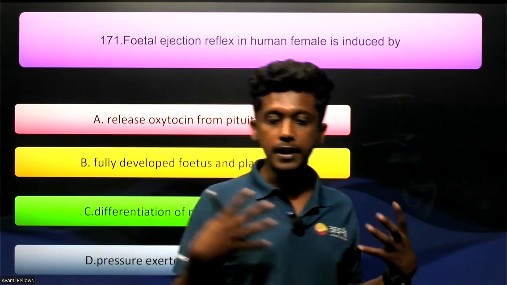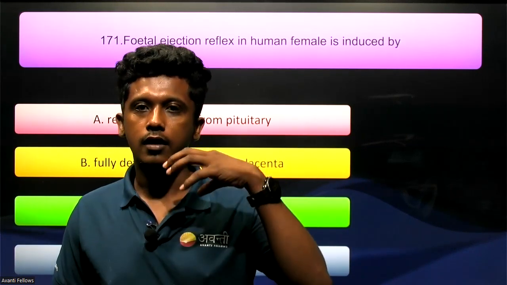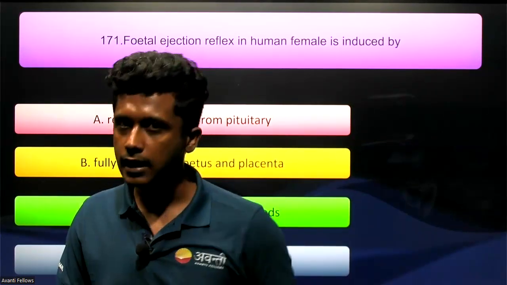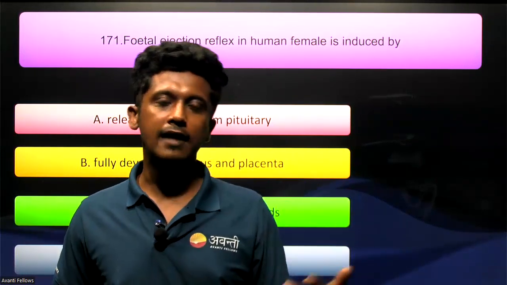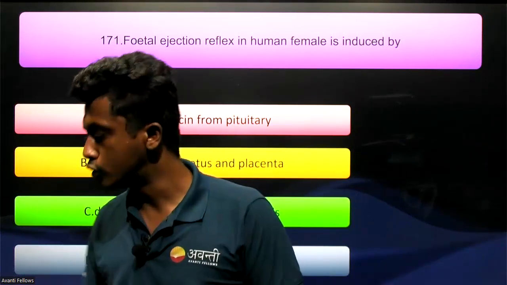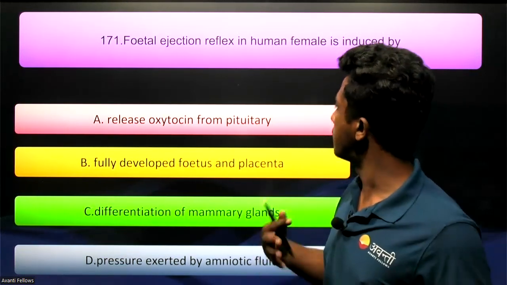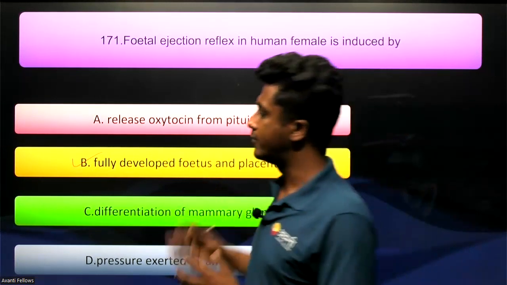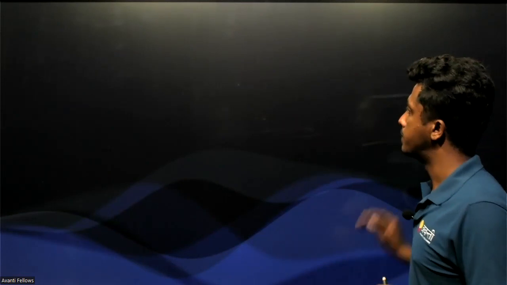It is a neuroendocrine signal. When the neuroendocrine signals originate from the baby and the placenta, they reach the pituitary gland and finally result in the release of oxytocin. So the signals originate from the interaction between the placenta and the fetus. So option B is correct. This should be an easy question because it is in the syllabus this year, so it should not be a big problem.